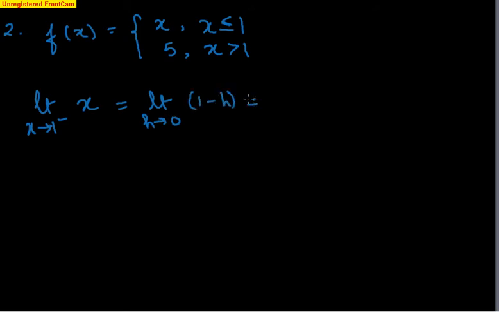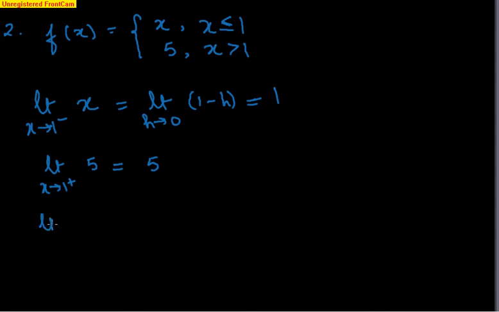I put h to be 0 and I get the answer as 1. Now I take limit x tending to 1 plus, the function is 5 and the answer is also 5, because no matter whatever the value of x is, the function is a constant, and hence we get the limit to be a constant.